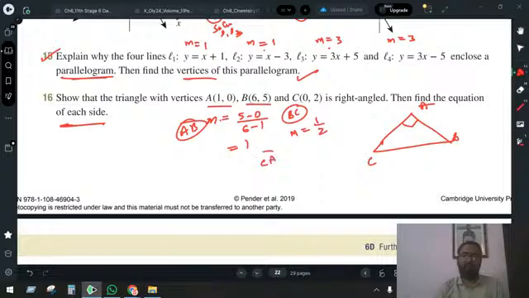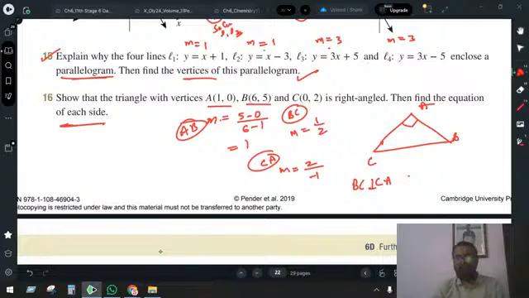So m is equal to 2 minus 0 over 0 minus 1, that is minus 2. So AB and BC are perpendicular because their product is minus 1. BC is perpendicular to CA. So now you can draw another diagram.